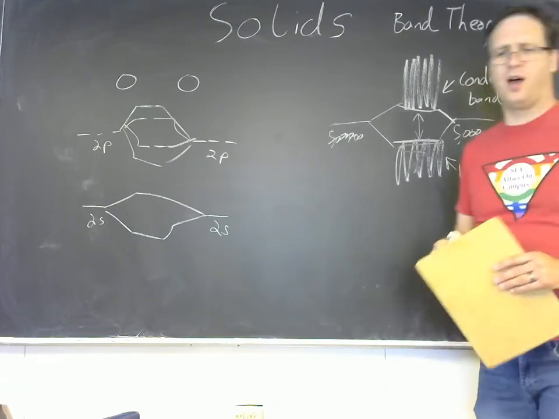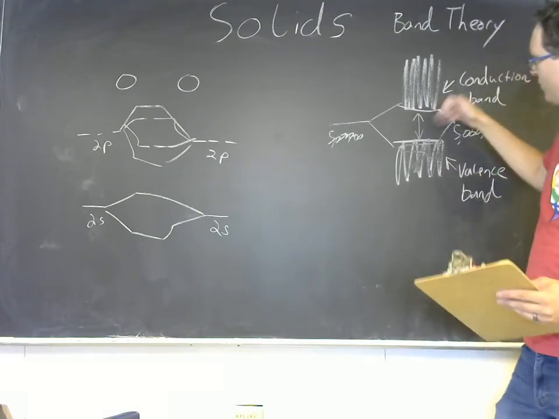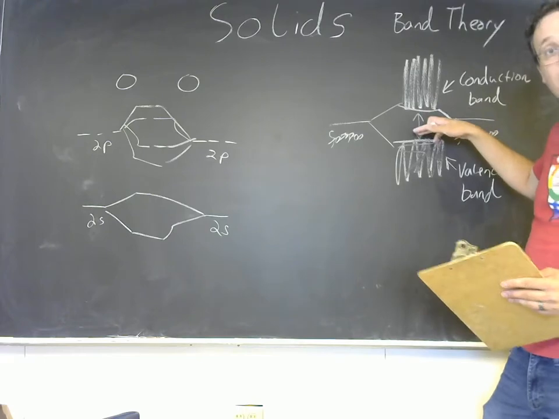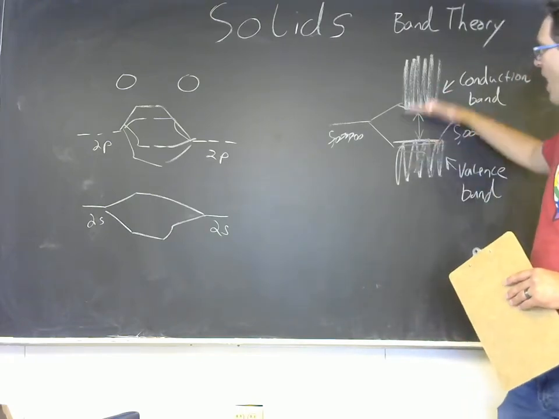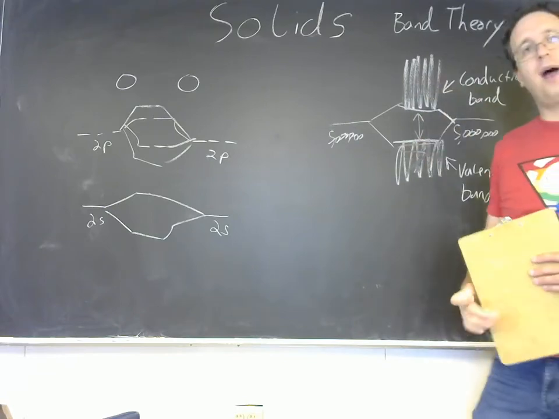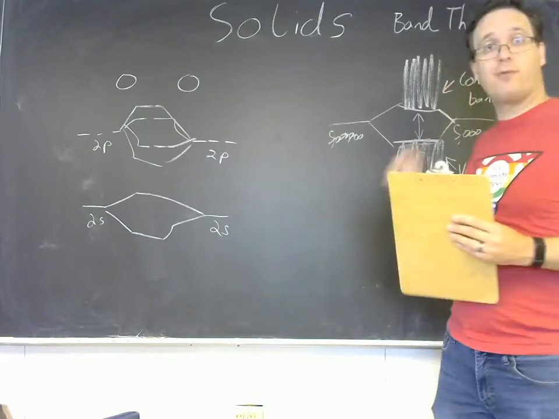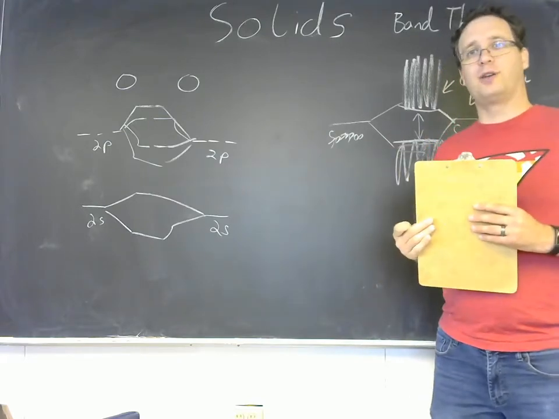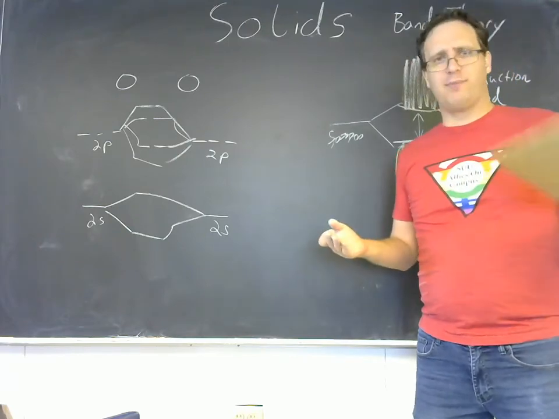And the conductive properties of materials have to do with the size of that gap, whether there is a gap at all, and how far filled either of these bands are and things like that. So it can get really interesting, and it can become a very powerful theory for dealing with edge cases like semiconductors. Are they metals or are they non-metals?